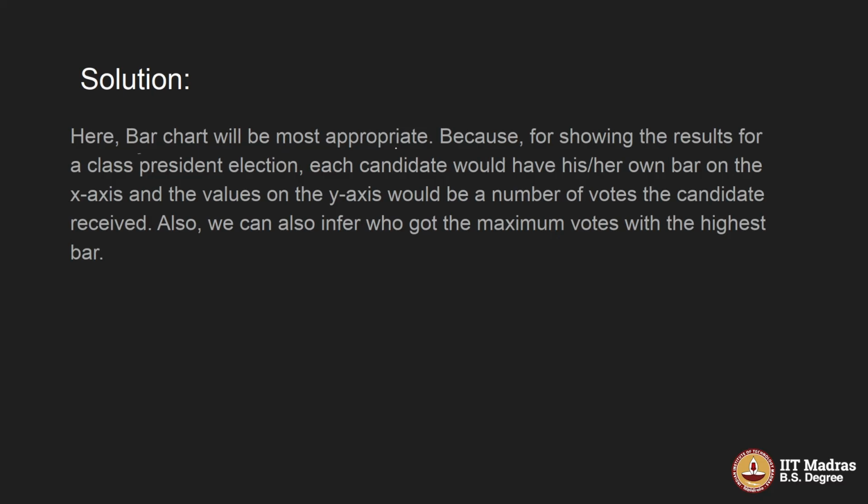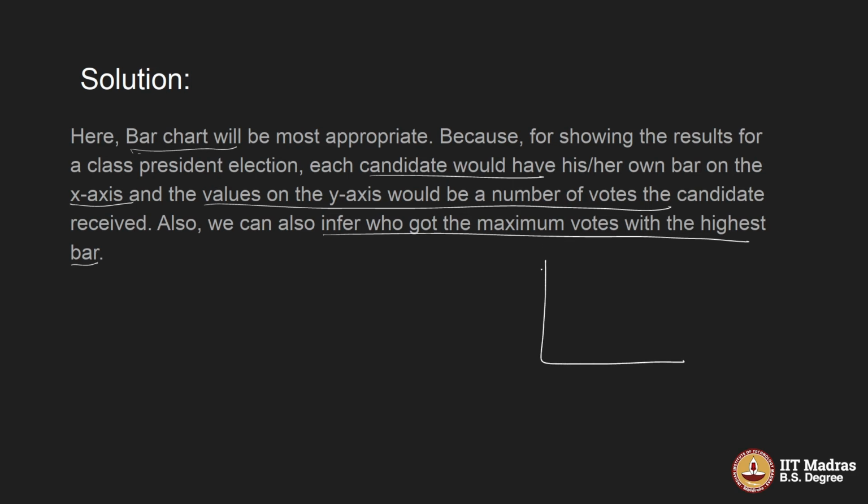Bar chart will be most appropriate because for showing the result of the class president election, each candidate would have his or her own bar on the x-axis, and the values on the y-axis would be the number of votes the candidate received. We can also infer who got the maximum votes from the highest bar. So according to the statement, we can draw a bar graph like this.